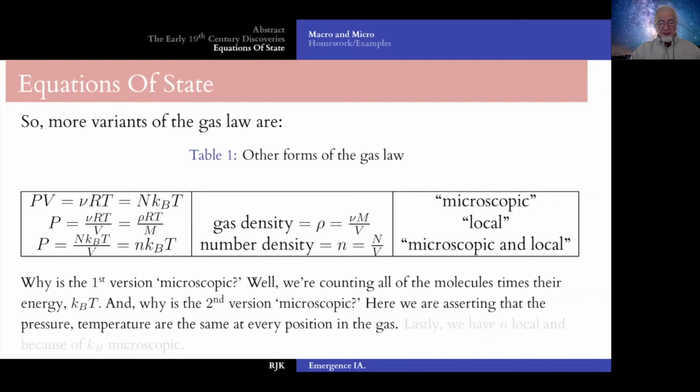Number density is just the number of atoms divided by the volume. So again, it's a quantity that is both microscopic because it talks about the number of atoms that there are in the gas, and it's local because it's assumed, not only assumed, measured to be the same everywhere in the gas.